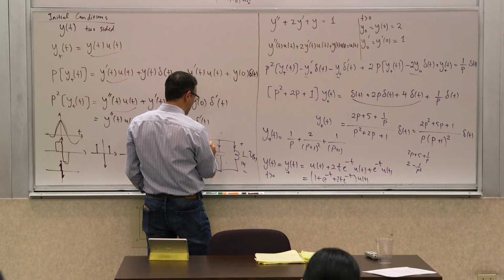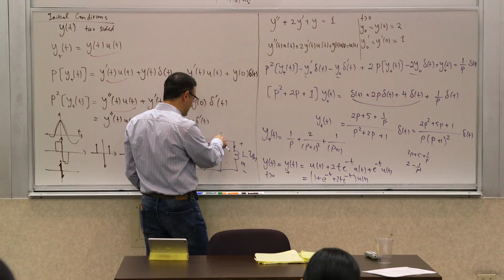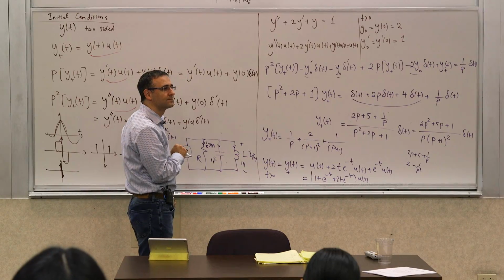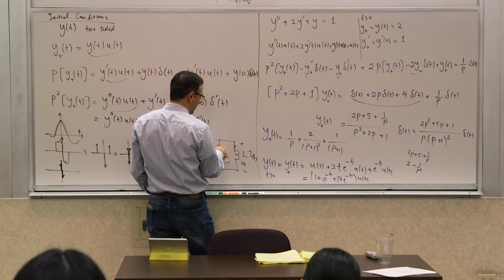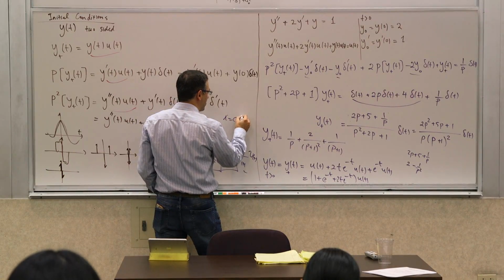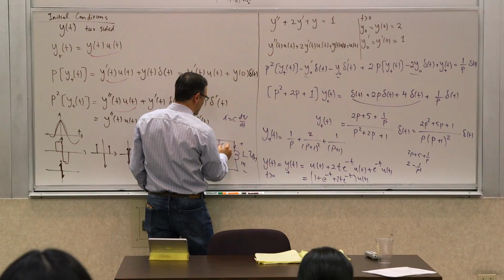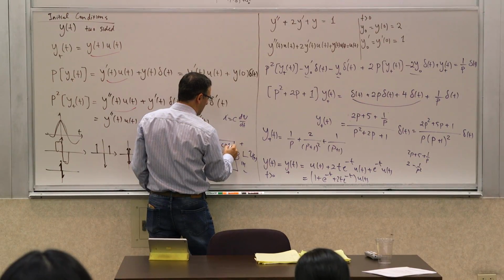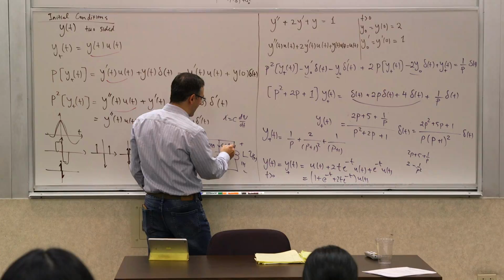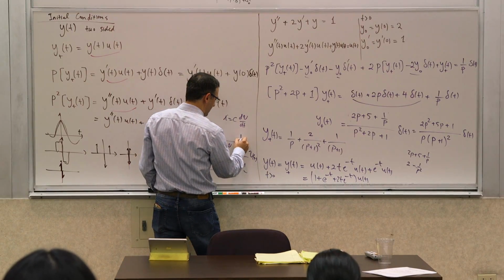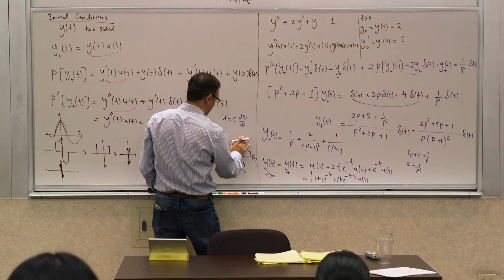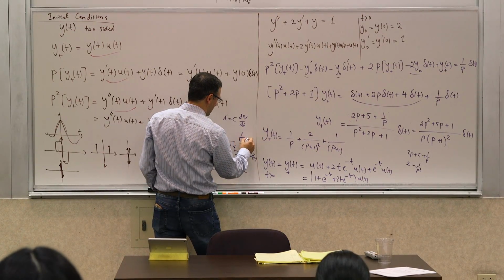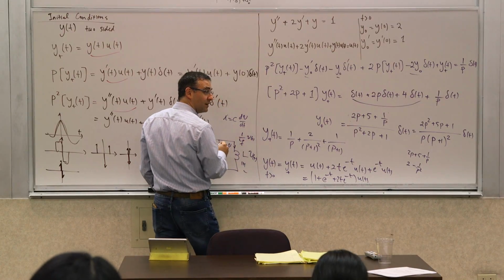So this current is 1 over R V of t. What is this current? You know the relationship is I equals C dV/dt, so it's C p V. And what is this current? It's 1 over L p V, right?